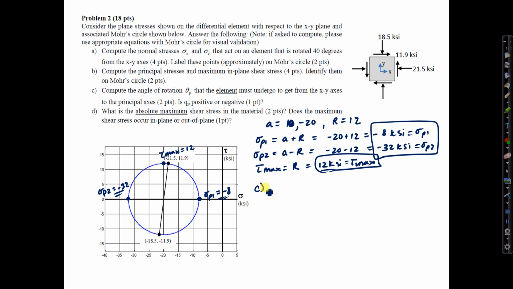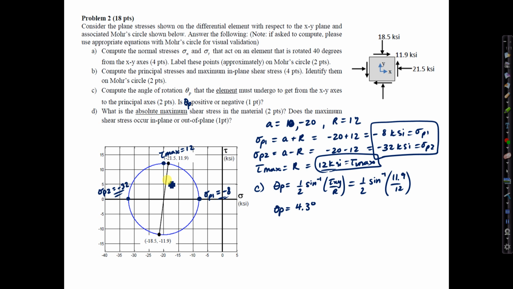Part C, compute the angle of rotation theta p the element must undergo to get from the xy axes to the principal axes. Is it positive or negative? We use this formula to compute the value of theta p, 1/2 inverse sine of tau xy over R. There's an alternative formula, but I believe this one's the easiest. Inverse sine of 11.9 divided by 12 gives you a value of 41.3 degrees for half the angle.